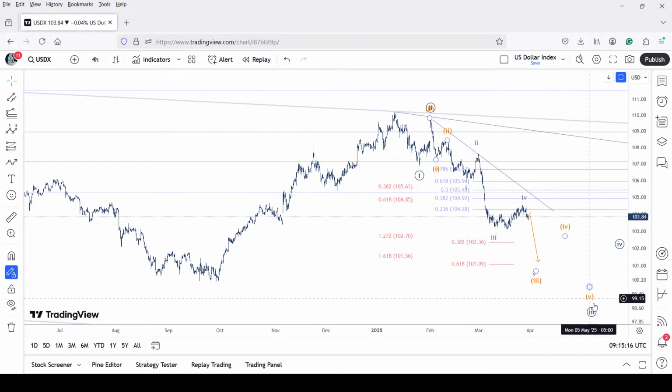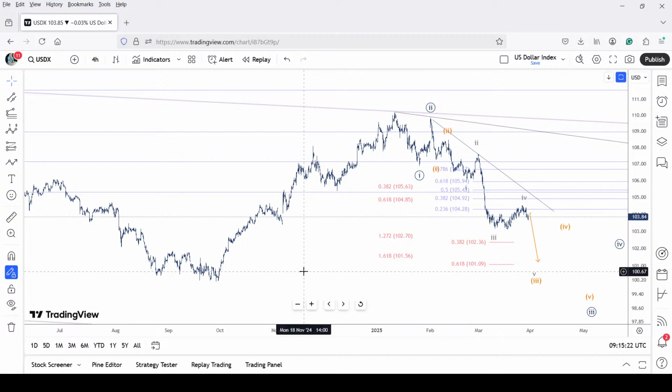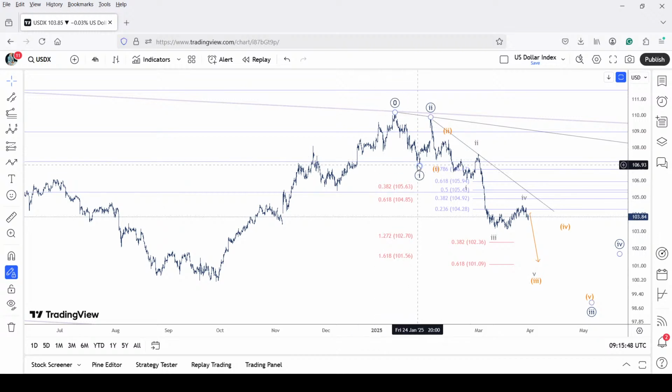By the time minute wave 3, 4 and 5 completes, the dollar index should be trading comfortably around the 95 zone. It's about time to believe the dollar index is firmly in control of bears, and selling is still recommended right now around 103.84 with a potential stop loss at 107. So that is the story in the dollar index.